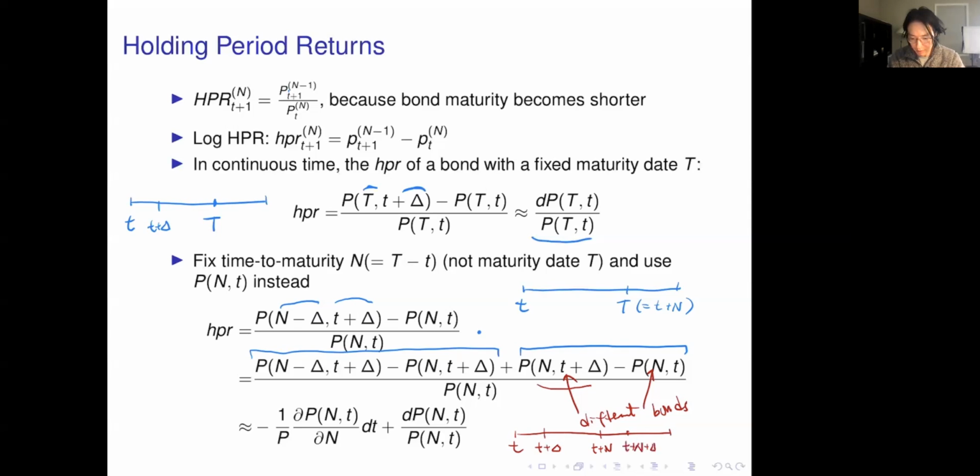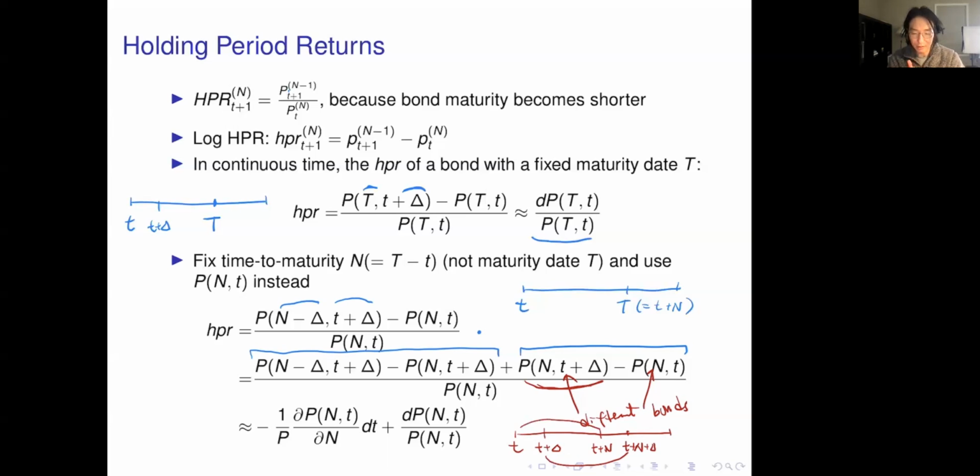So the first bond, this one, is basically this one. The bond that you buy at t plus delta, which matures at time t plus n plus delta. And the other bond is basically this, right? So why are we doing it this way?